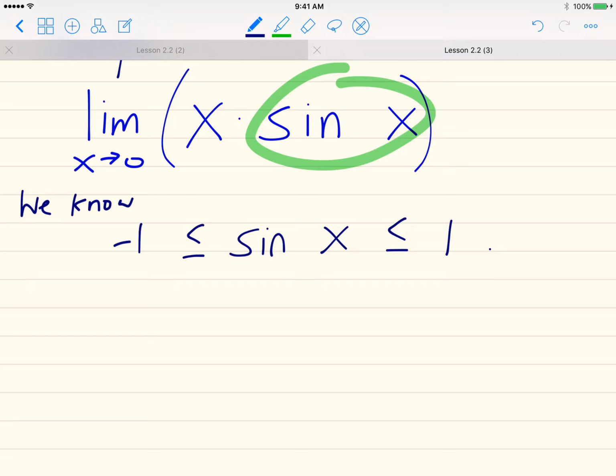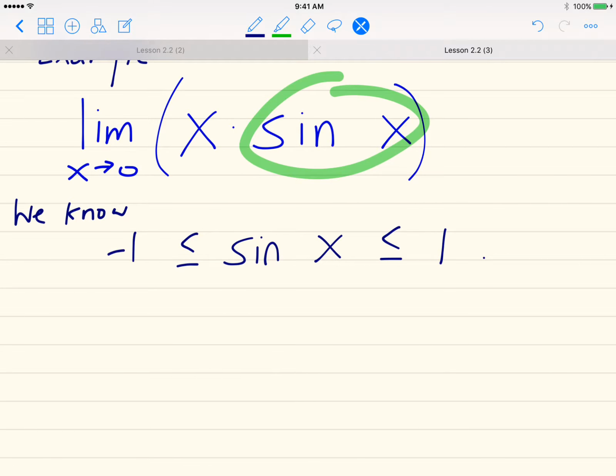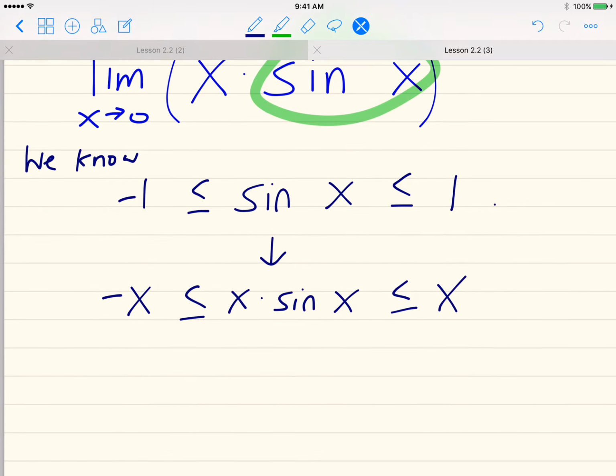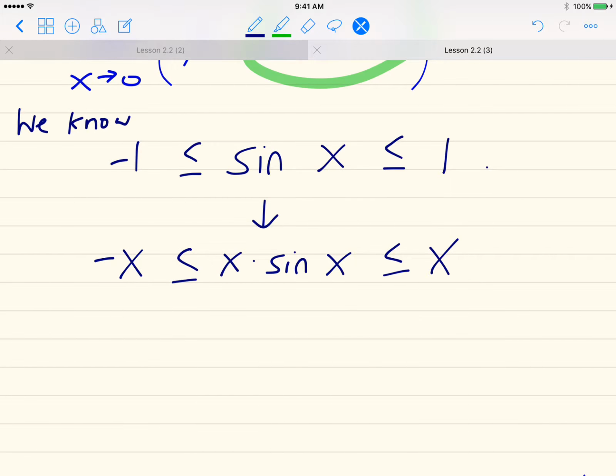But we're concerned with finding the limit for the product of x and sine of x. So on the next step, I can multiply the sine of x by x by multiplying both sides of the compound inequality by x as well. You're allowed to multiply both sides of an inequality by the same quantity. So we got that so far.